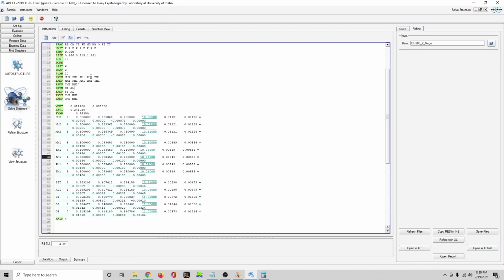Did that, but I have to rename these with T's. EXYZ of CM2 NM2 and an EADP with MM2 prime.